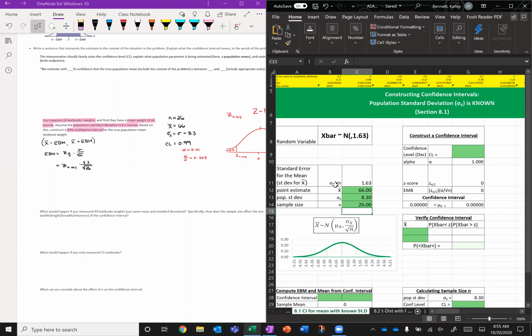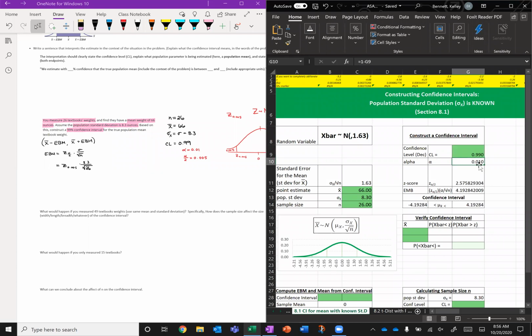So when we plug that in, we're going to go over to the table that says construct a confidence interval. And remember that every box that is green is something that you want to feed a value into. So for constructing a confidence interval, it's asking us for the confidence level as a decimal. So this is going to be 0.99.